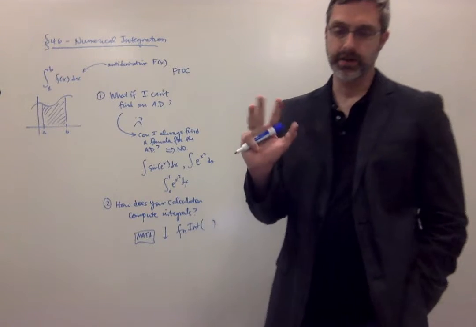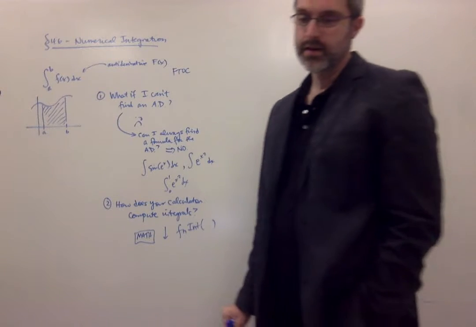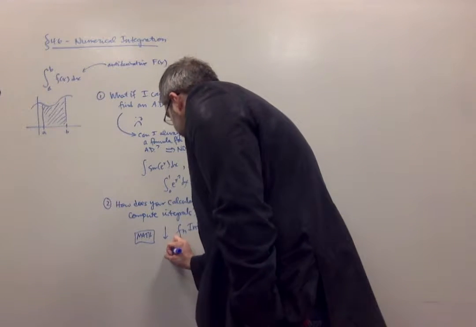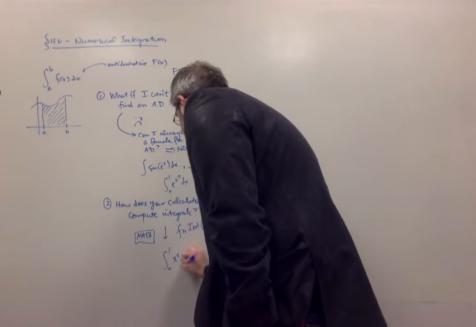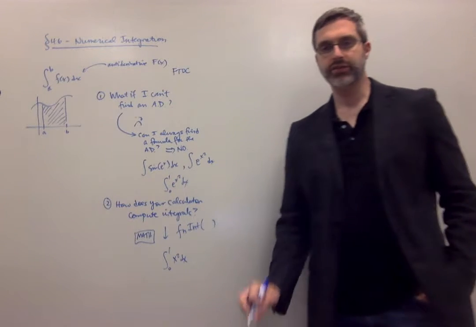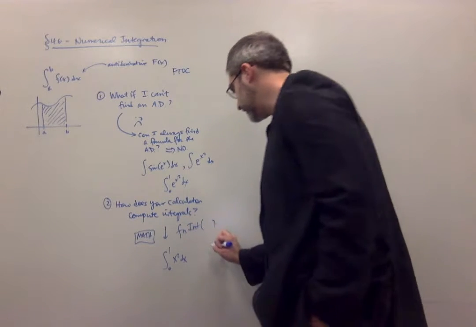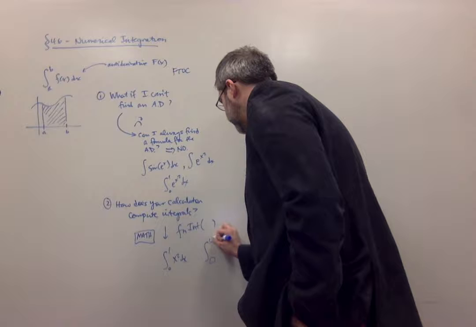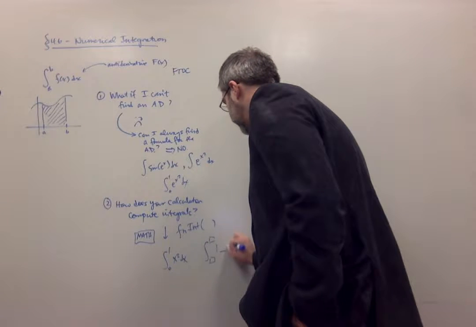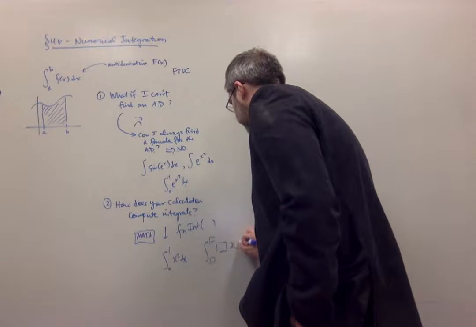We'll talk about what numerical integration is in a second. But if I wanted to get, for instance, the integral from 0 to 1 of x squared dx, when you hit that fnInt button it should give you an integral sign with 2 boxes, another box, and then a d box.